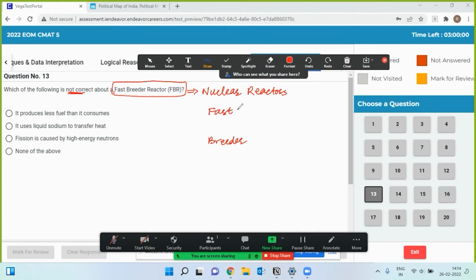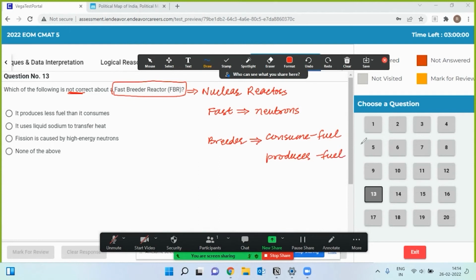Understand what does this mean? Fast means that in this type of nuclear reactors, neutrons travel at a fast speed. Correct? And breeder, because in these type of reactors, they consume fuel, but they also breed or they also produce fuel.